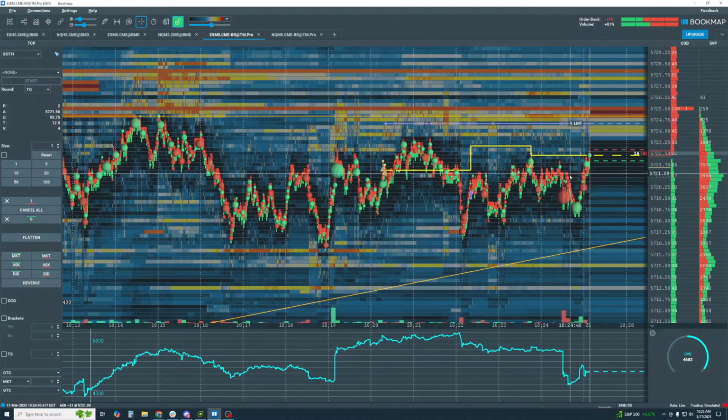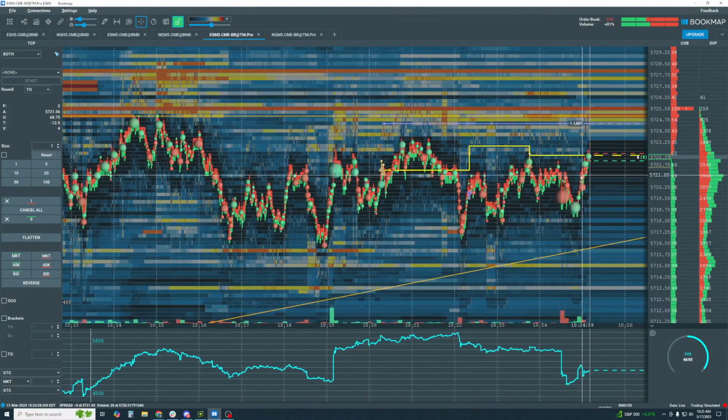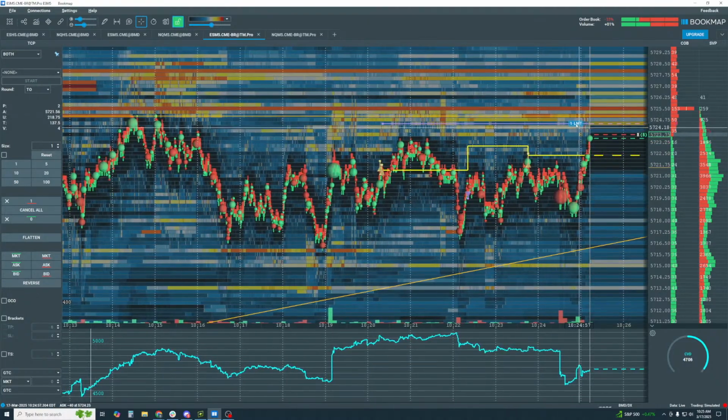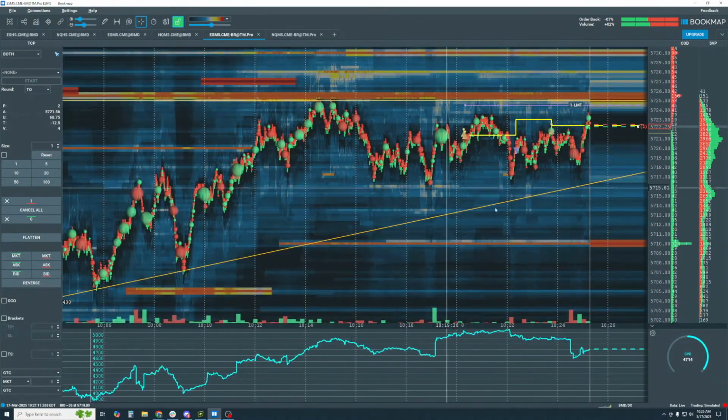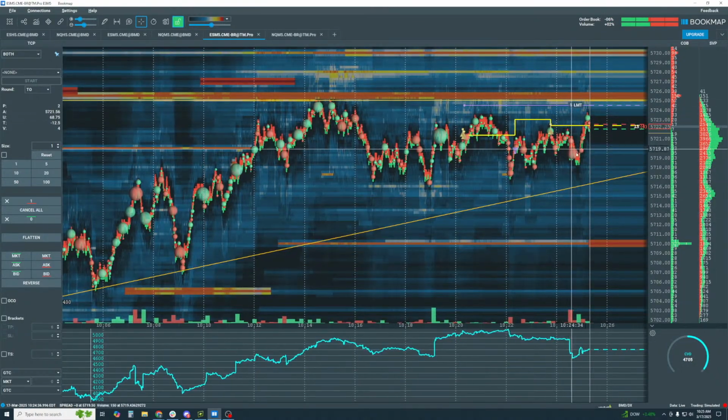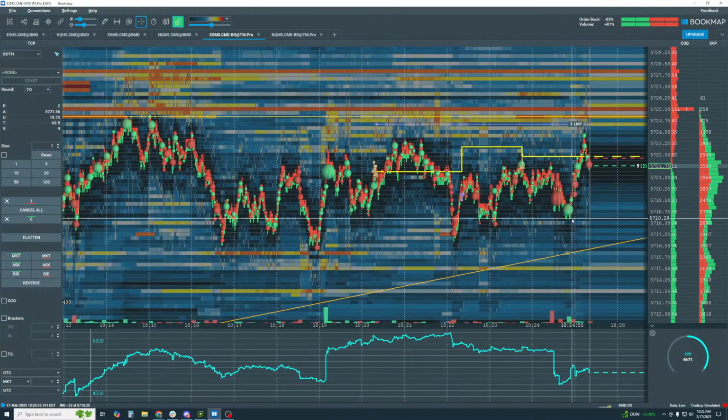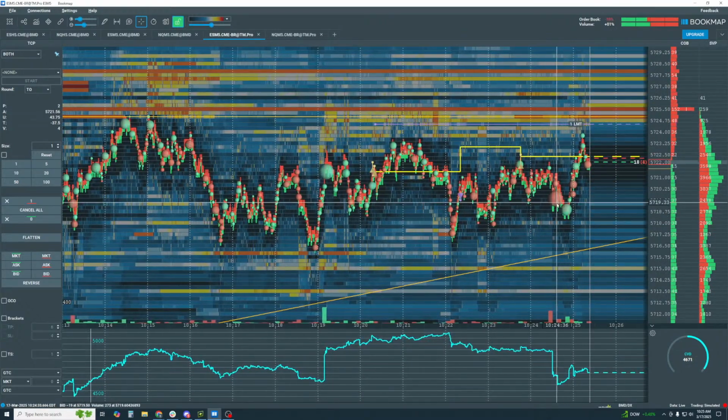Very odd kind of, we'll cover this in just a second here. Let's see if we can get up and take some off right up at the top of the range here. But some odd volume in here, and some real back and forth in here.